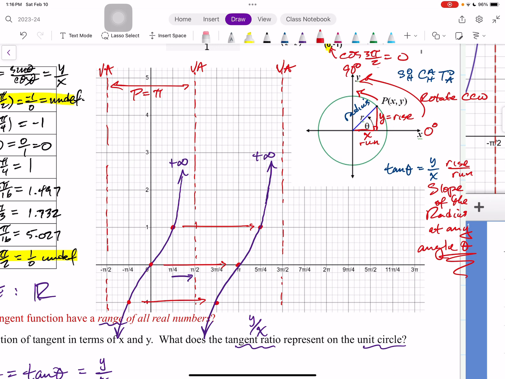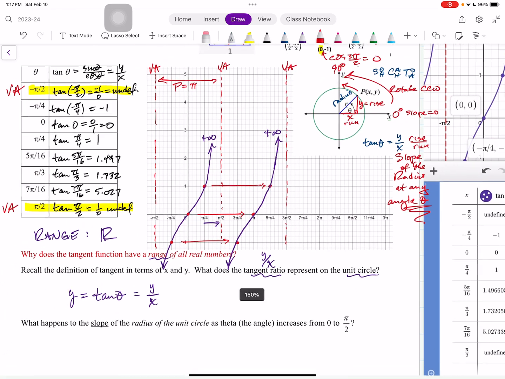Hopefully it's obvious that the slope keeps getting steeper and steeper, and it increases to infinity. And that is the answer to this question.